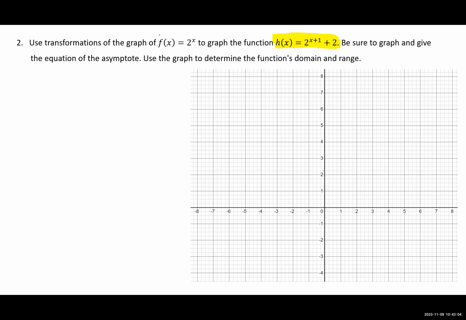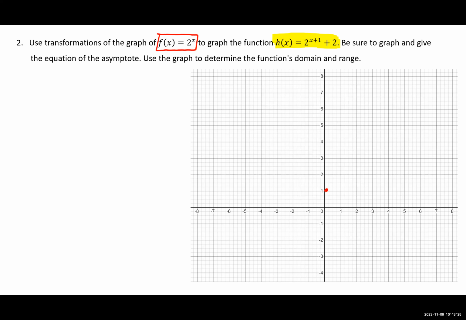All right, so we're going to start with this one, which we've already talked about, and use that graph to graph this one I have highlighted, which is h of x. We're going to graph it and make sure we put the asymptote in the right place. We'll talk about the domain and the range.